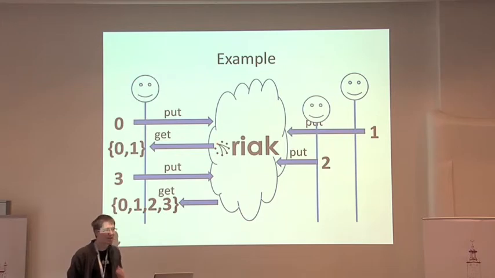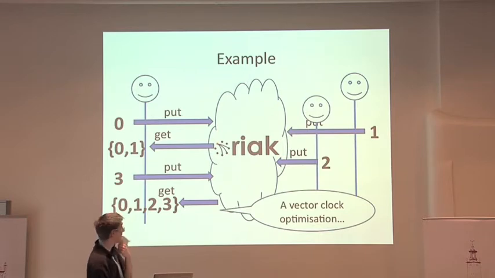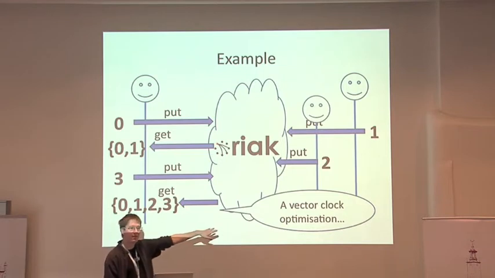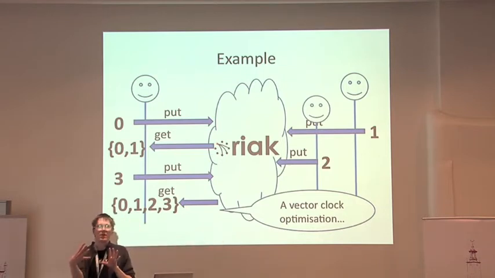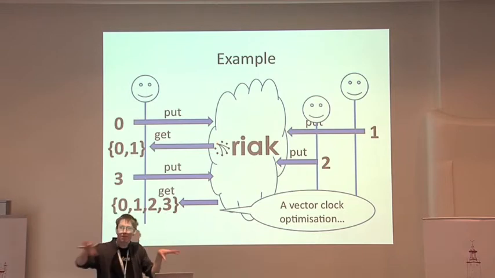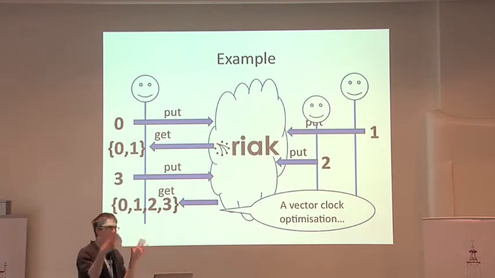Actually, we didn't. Yeah, so that's interesting. What this turns out to be is a vector clock optimization. Riak doesn't keep a vector clock for each value. So 0 and 1 and 2 don't have different vector clocks. It just keeps one vector clock for the entire object with all the possible conflicts.